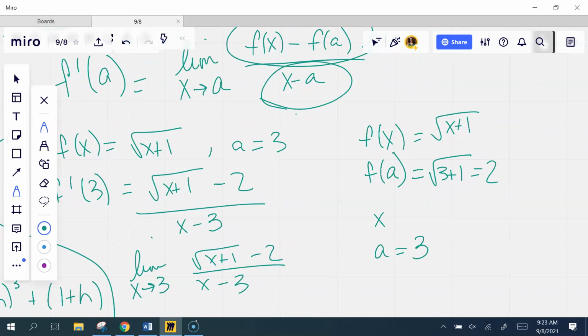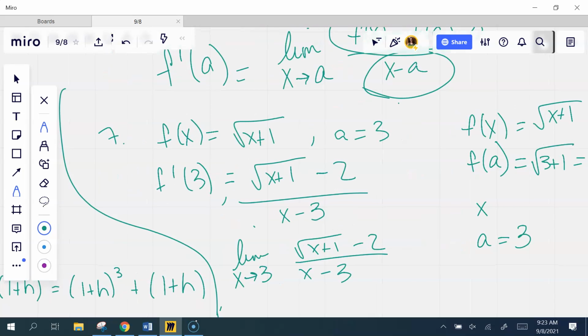It should have a limit as x approaches a. What's a? 3. So it's the limit as x approaches a of f of x minus f of a over x minus a.